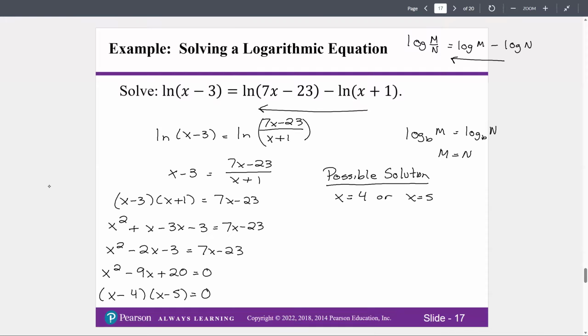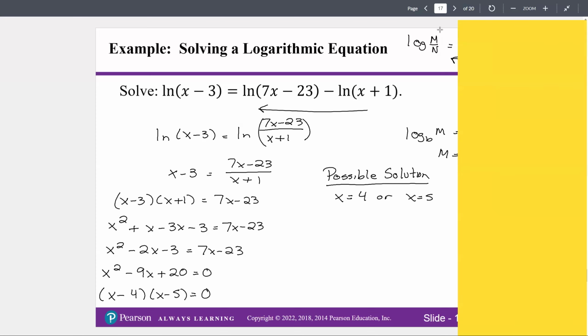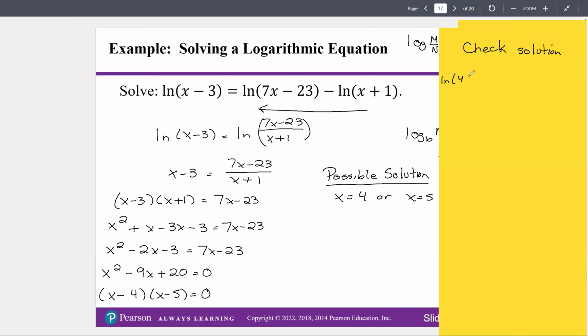So remember, we just have to check those solutions. So if we have natural log of 4 minus 3 equals natural log of 7 times 4 minus 23 minus natural log of 4 plus 1.